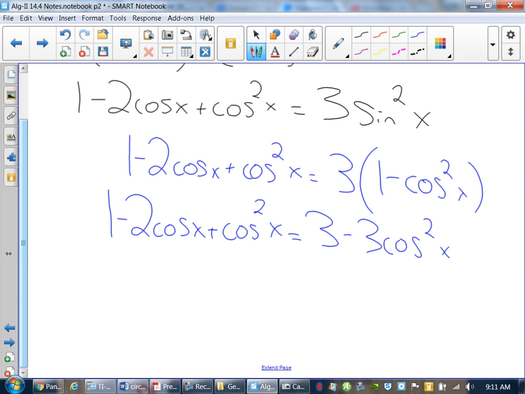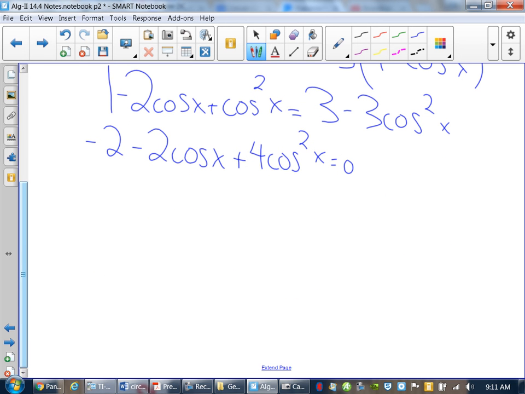Subtract the 3, add the 3 cosine squared, and I'm going to get negative 2 minus 2 cosine of x plus 4 cosine squared x. I'm going to rewrite that in descending order because it looks a little bit nicer then.